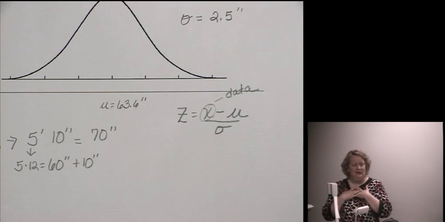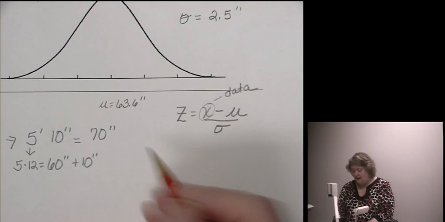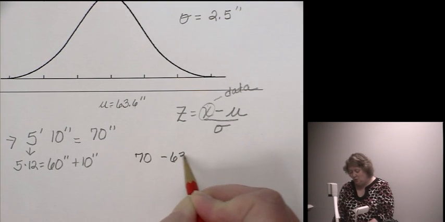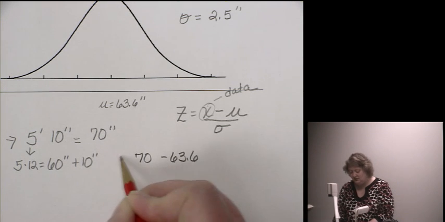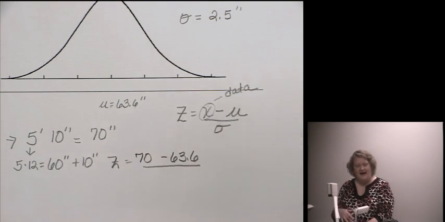Mine is the particular one. I want to compare me to the rest of the population. So we always start with the one that's given first. That's what we want to compare. So I'm going to compare my 70 inches to the 63.6 that's average. We want to find that difference. How much different am I than the mean?